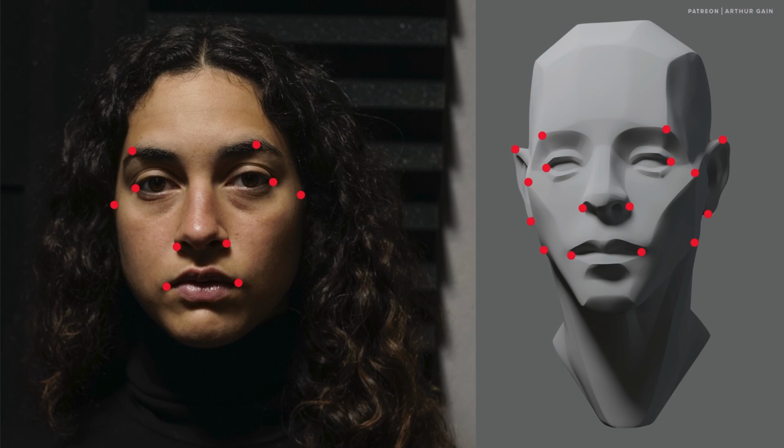So, we can look at the model here, and you can see that in many cases, there are ears now. Ears are also very important landmarks if we can see them. Ears and also corners of the jaw.